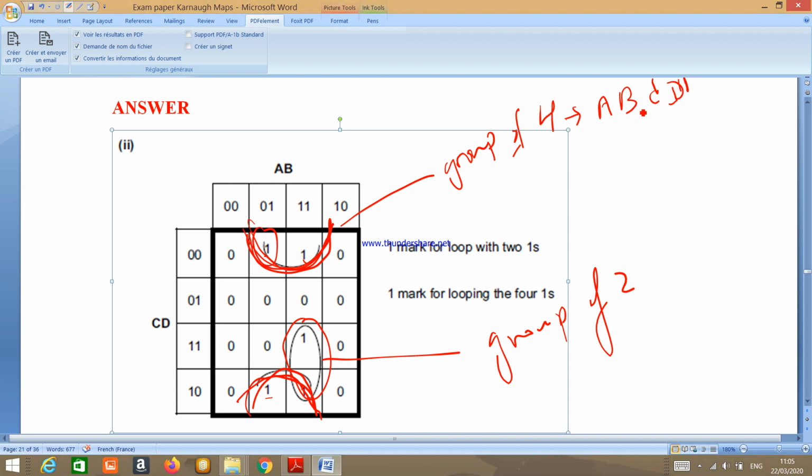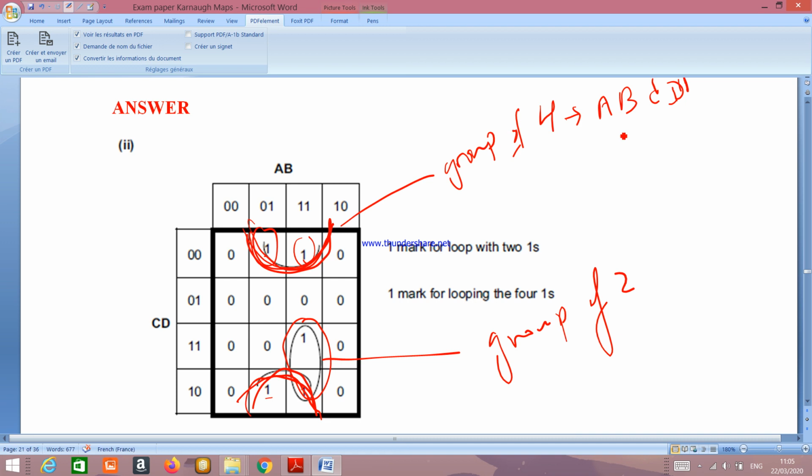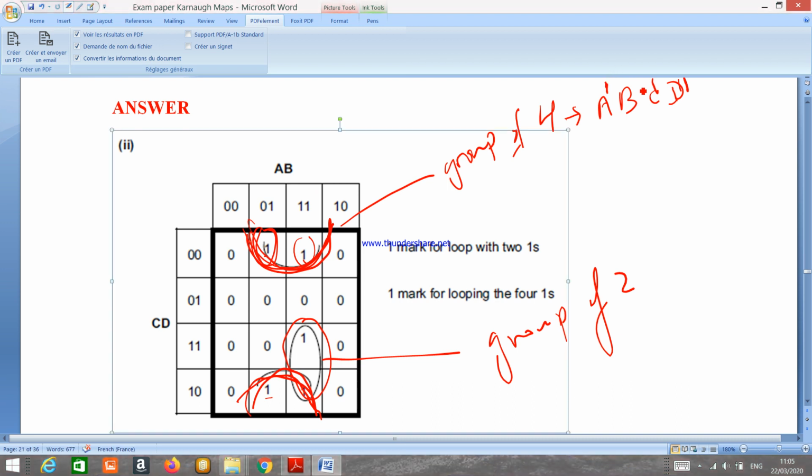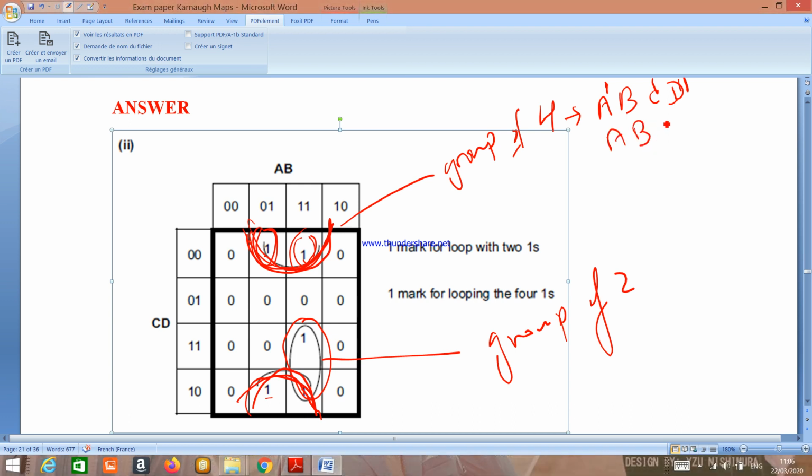Okay, the second one is here. The first one here is A dash, B, and then C dash, D dash. Now the second term here is AB, and then C dash, D dash.